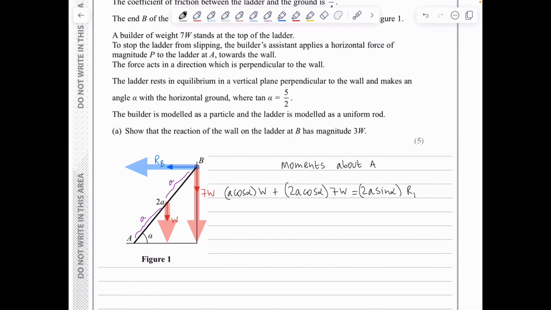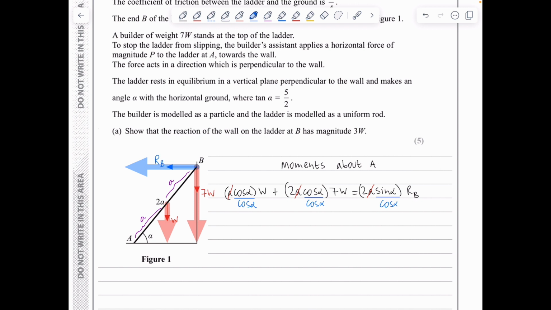We can see that the a is common throughout, so I can cancel this out. And I can also divide throughout by cos alpha. This will give me tan alpha, and the cos alpha over cos alpha will cancel out.